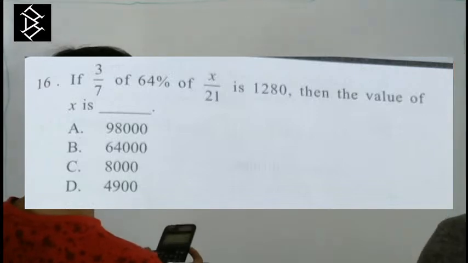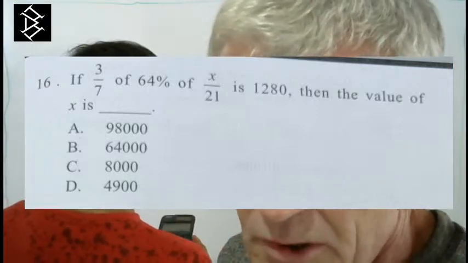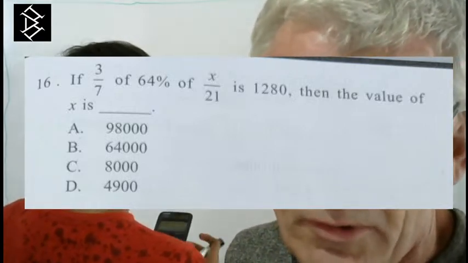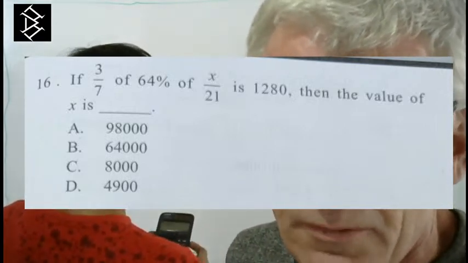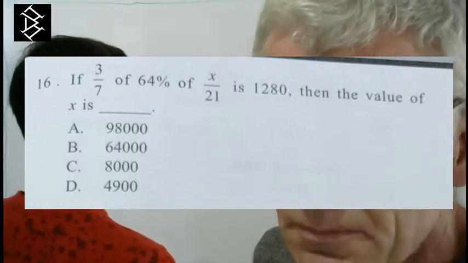I'll give you a couple of minutes because a bit of calculation involved in that, isn't it? Don't just rush into an answer. Write that down and try it. So 3/7 of 64% of x over 21. Well, it's multiplication of all of those, isn't it?